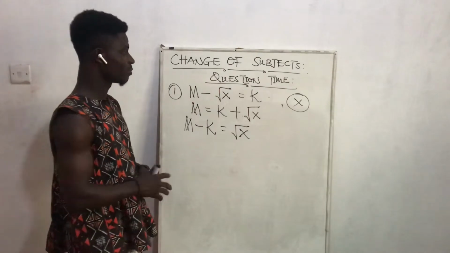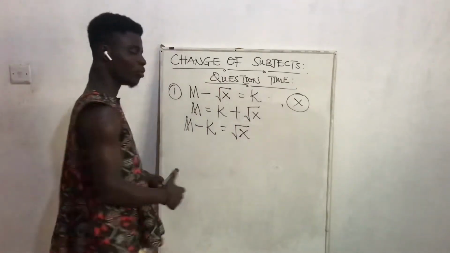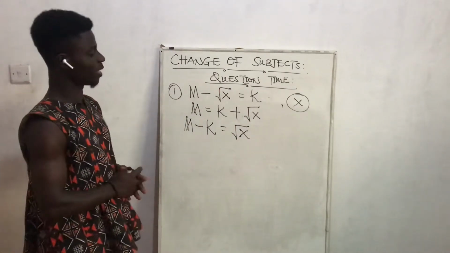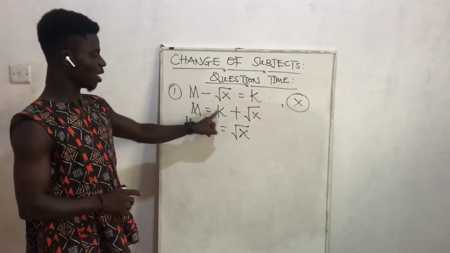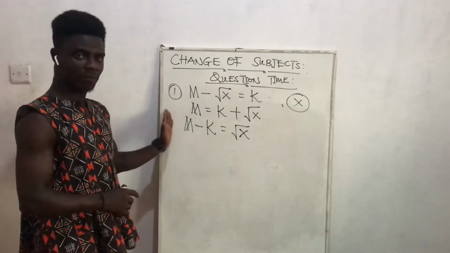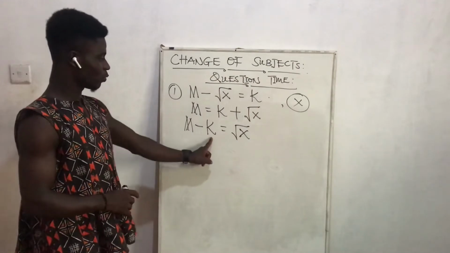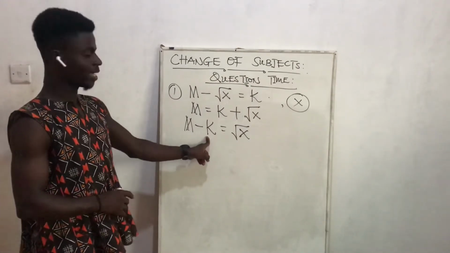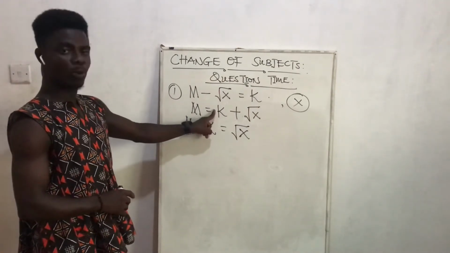So gradually we are getting this variable x. So as you can see, positive k crosses the equal sign to the left hand side, so that's negative k. Because here it is positive.